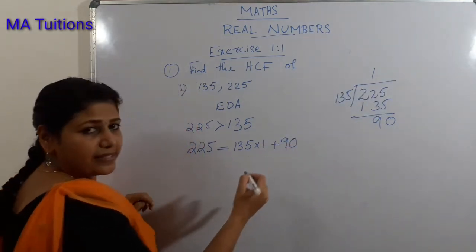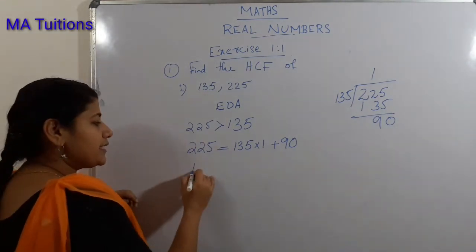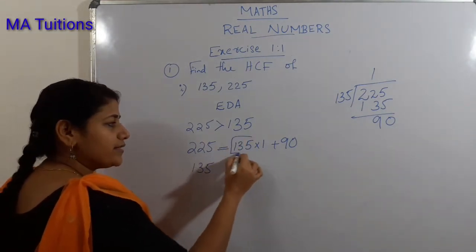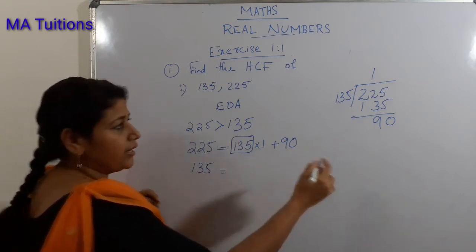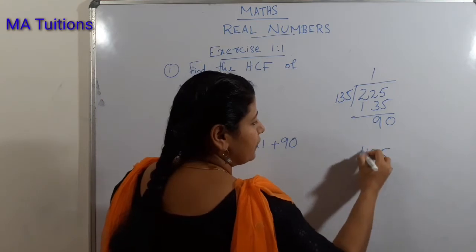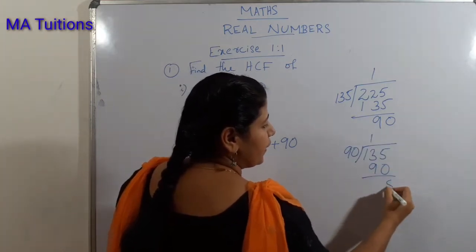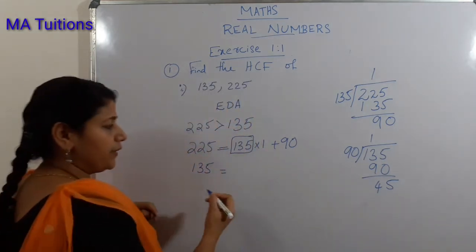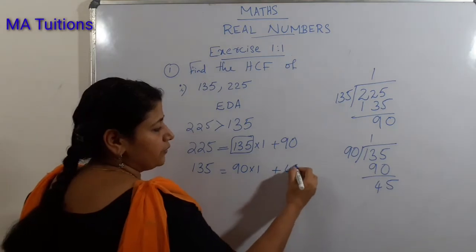Here the remainder is 90, it's not 0, so we continue this process. Take the divisor 135 and divide by 90. One time it will go, and the remainder is 45. Then we can write 135 as 90 into 1 plus 45.